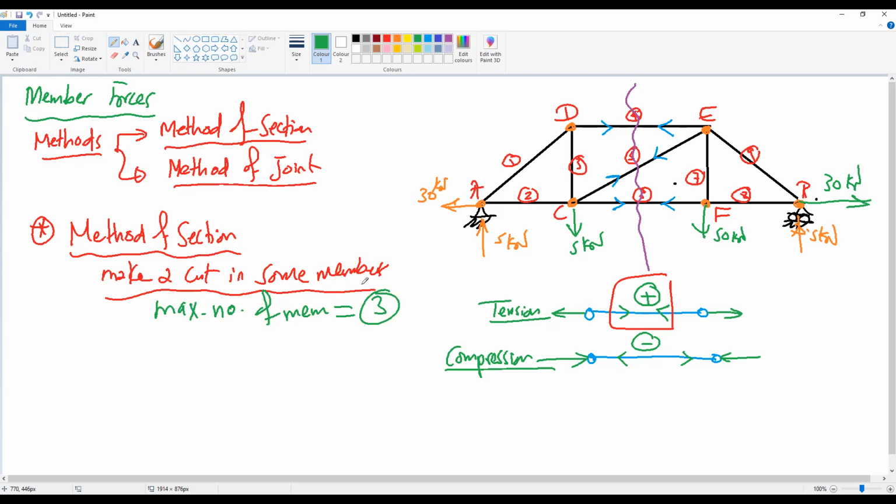Because when you cut, how many unknowns do you have? Maximum 3 unknowns. That's why we cannot cut more than 3. Like this cut, I will call this cut 1-1. Someone else may think to cut here, the yellow cut. If we cut the yellow cut, how many members or how many forces do we cut into?